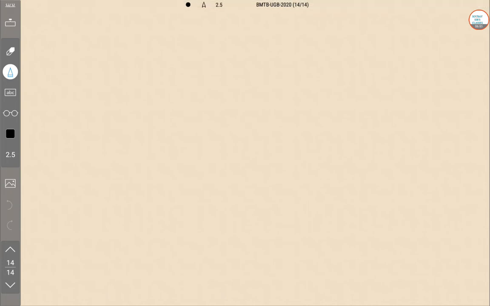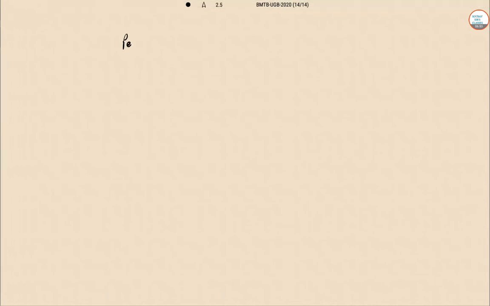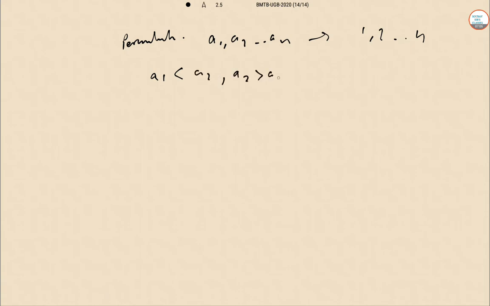So here we will say that a permutation is useful, a permutation a1, a2 dot dot dot an of the set 1, 2 dot dot dot n. So this is like alternating, a1 less than a2, a2 greater than a3 in that way. Another permutation of a1 is another alternation.